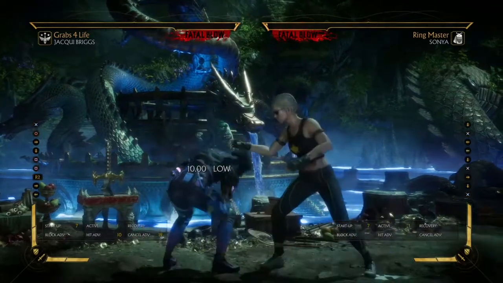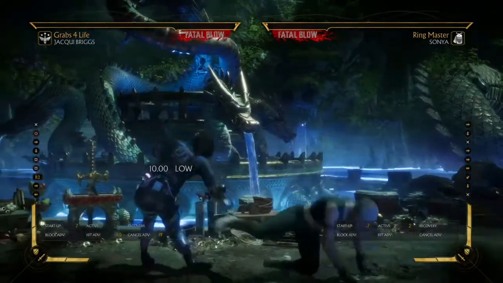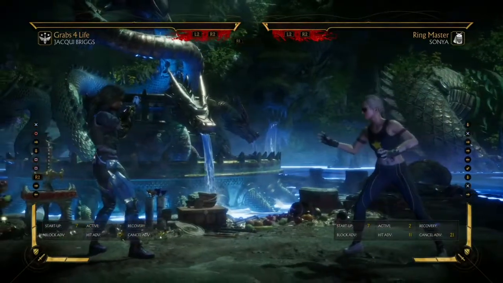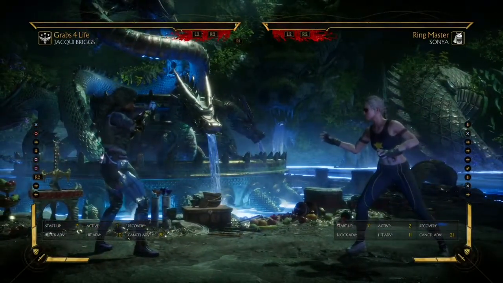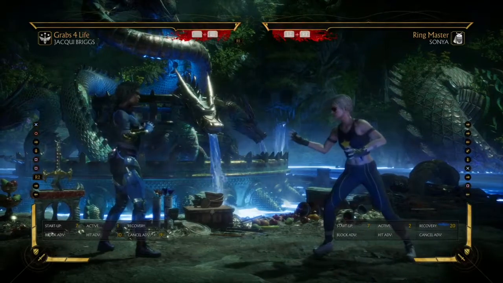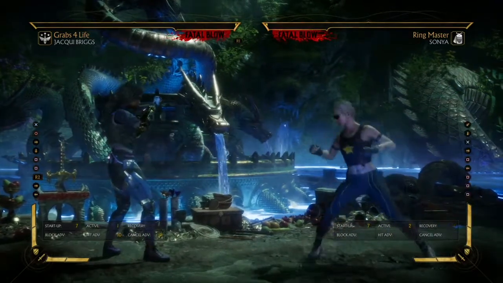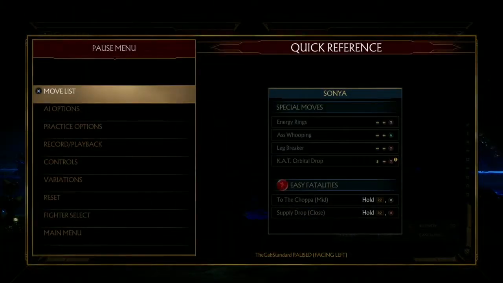We know down 3 has 10 frames of advantage, and standing 1 has a startup of 7. So if we hit a down 3, we have 10 frames we can move before my opponent can. I have a standing 1 that starts up in 7 frames, so he or she will not be able to do anything apart from block.